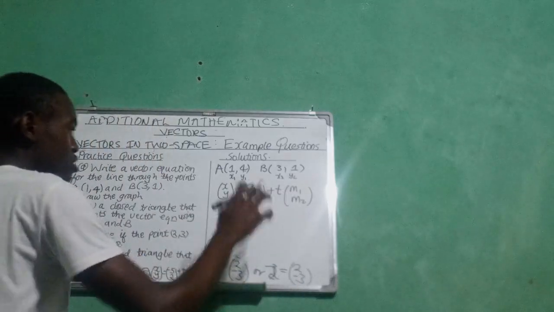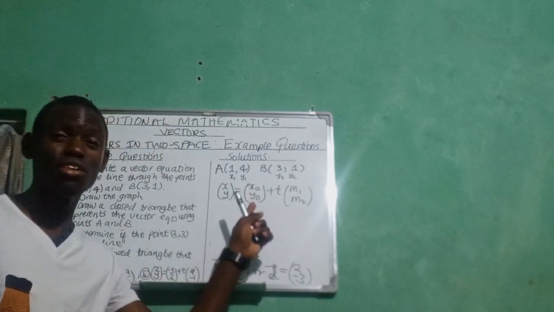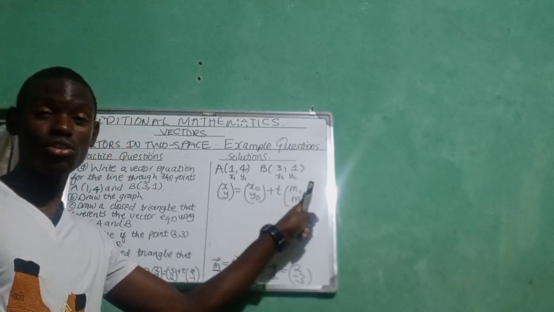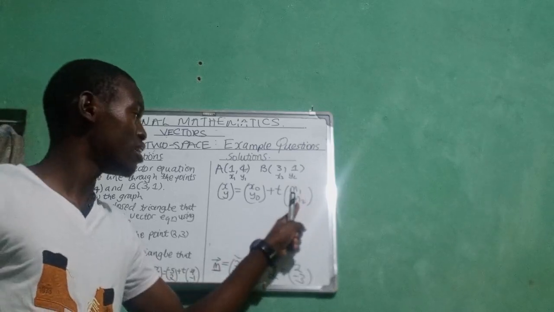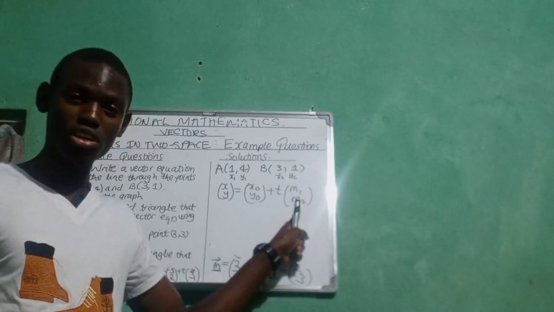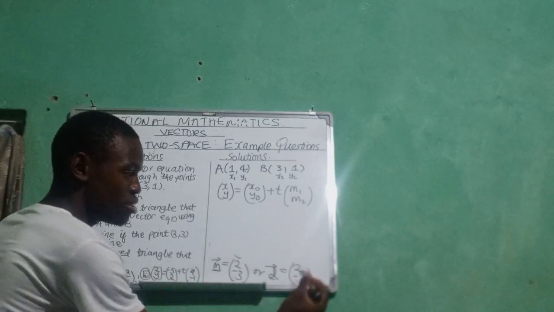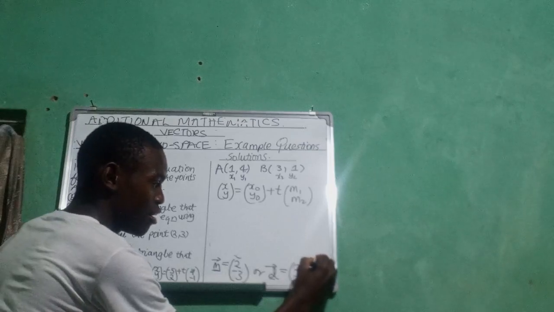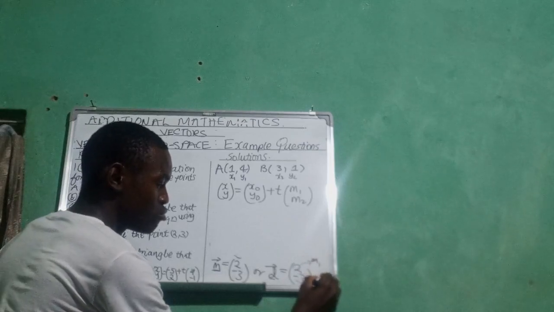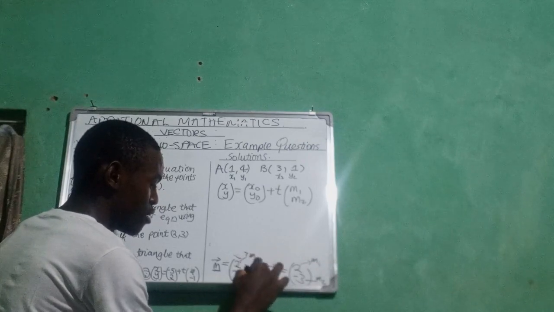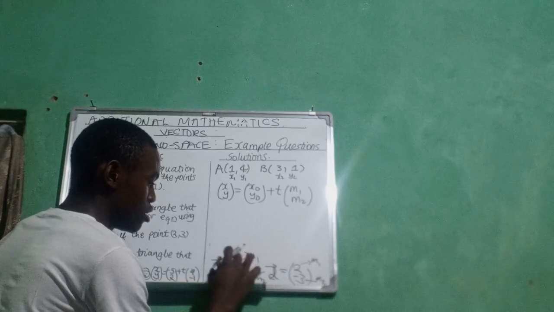Then x naught, y naught represent the position vector. m1 represents the x-coordinate of the direction vector. m2 represents the y-coordinate of the direction vector. And this is the direction vector. So this is our m1, this is our m2.